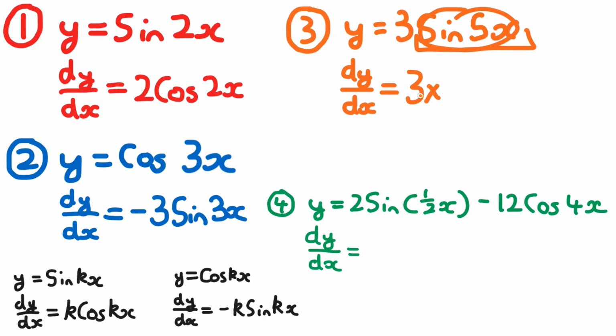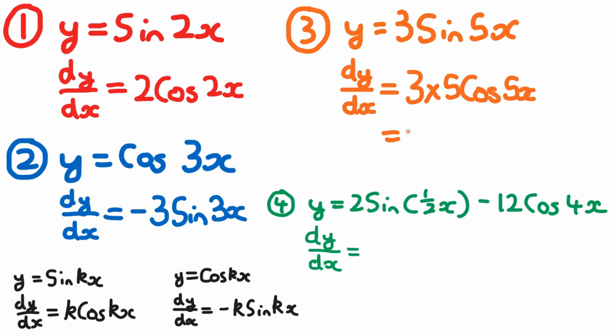So you differentiate this and then just multiply it by the coefficient at the end. So therefore it's going to be 3 times, and then sin of 5x differentiated is going to be the 5 and then cos of 5x, and then we can simplify this because 3 times 5 is equal to 15. So it's going to be 15 cos of 5x like this here.